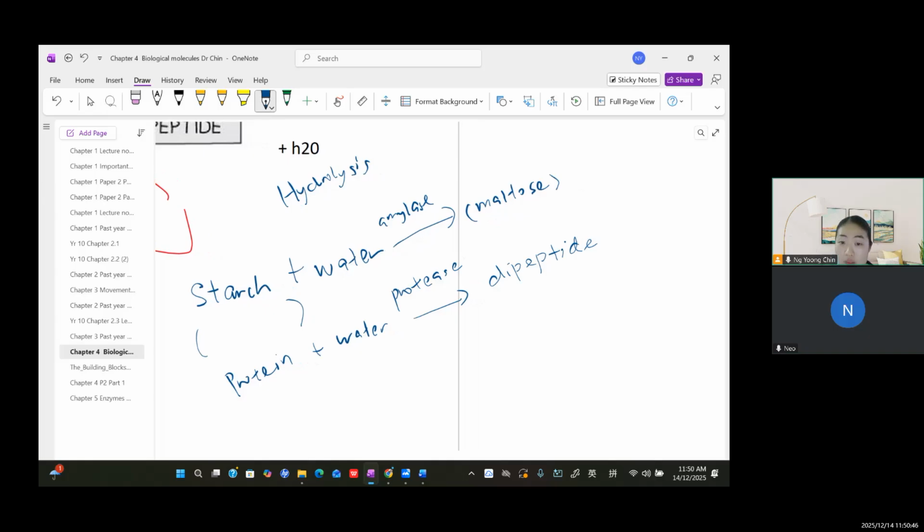Pepsin in the stomach and trypsin in our small intestine. So they can break down this long chain of proteins into dipeptides. Initially the long chain breaks down, so at the end they become like this, which is called a dipeptide. Dipeptide means they have about 2 amino acids linked together.